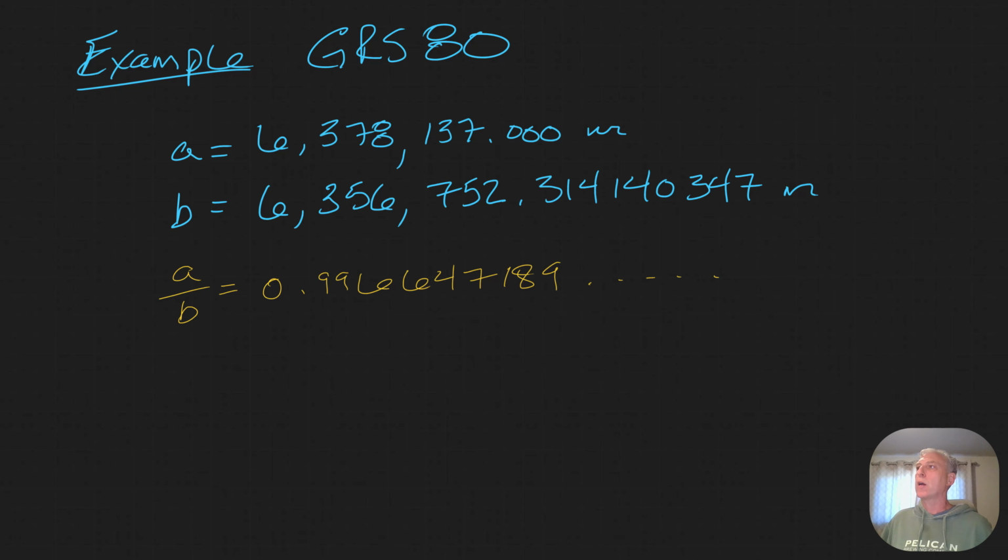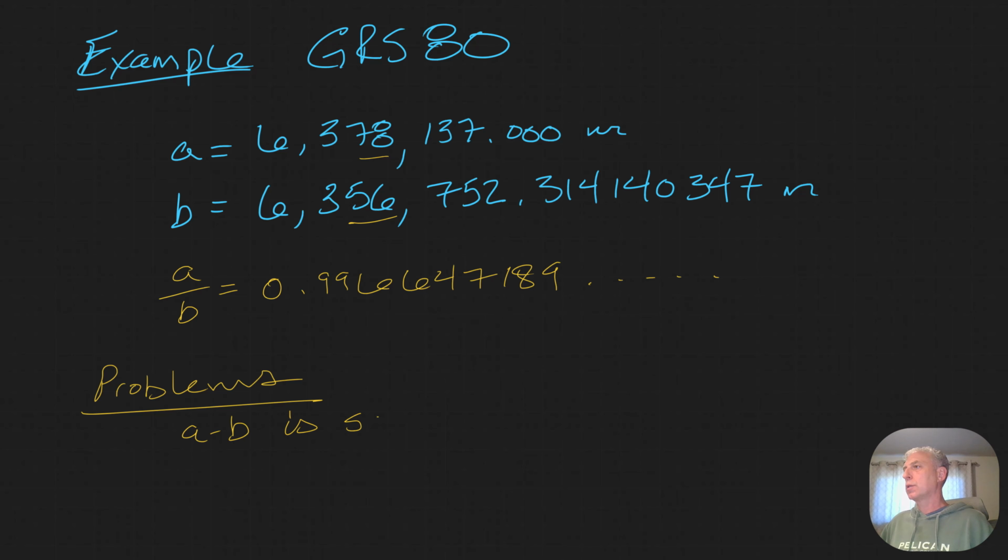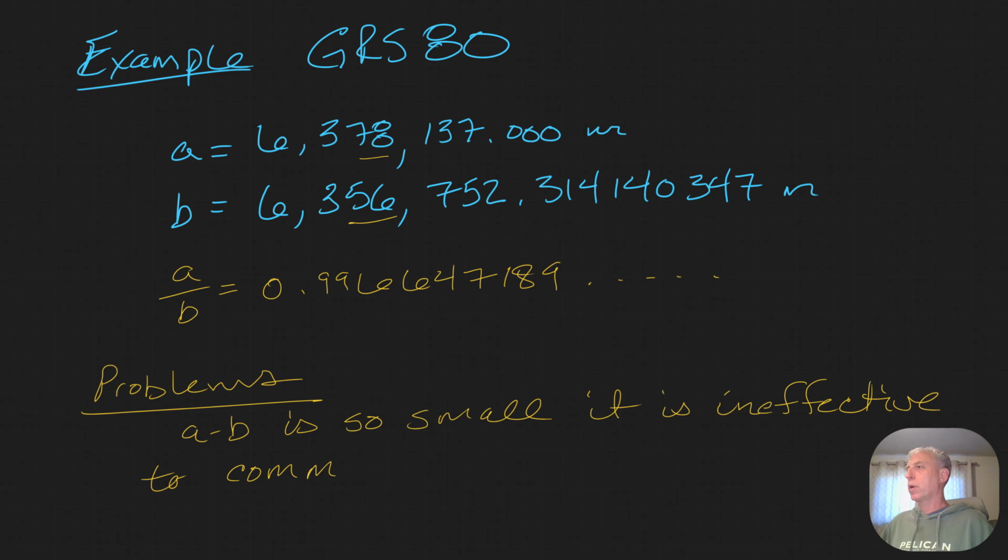So it's not very communicative to report A and B, because we can see they're different, but by how much? So there are some problems. The difference between A and B, or A minus B, is so small that it's ineffective to communicate with.